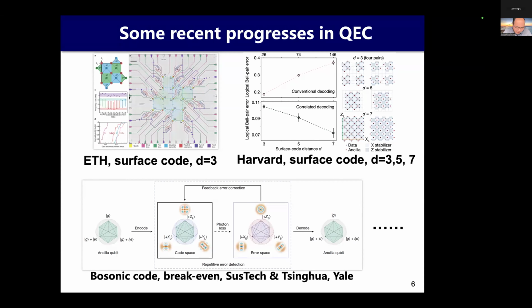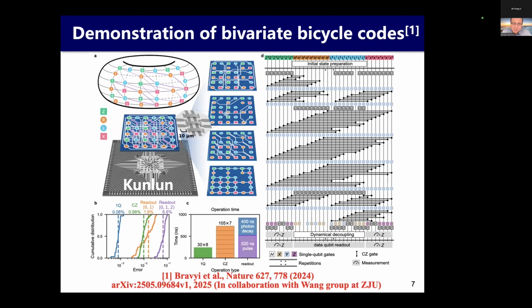For my talk, of course, due to the time limitation, I cannot cover all this very exciting progress. So today, I want to just report one of our most recent progresses on quantum error correction. That is an experimental demonstration of the so-called bivariate bicycle code.